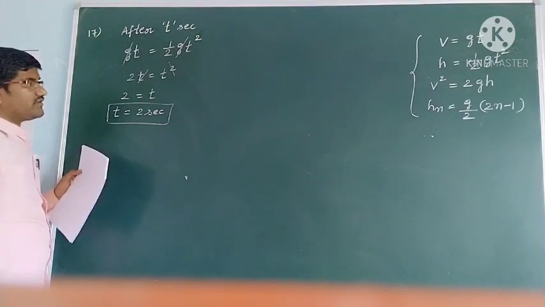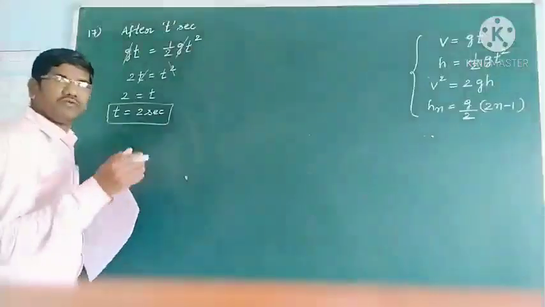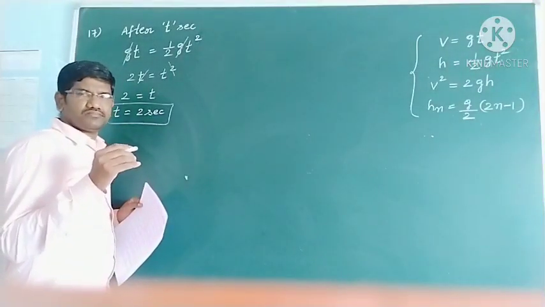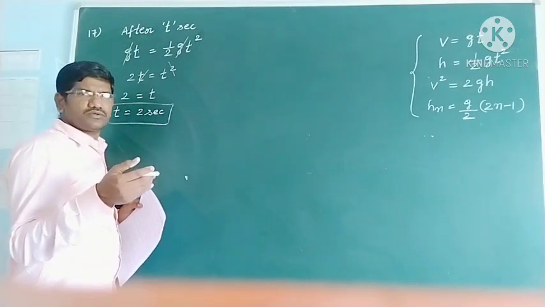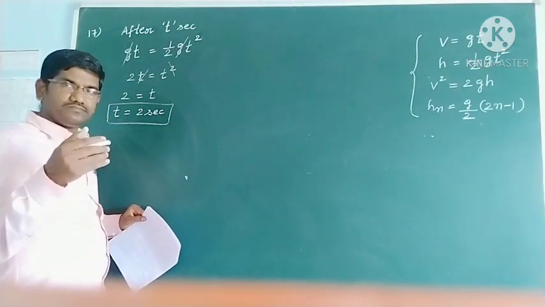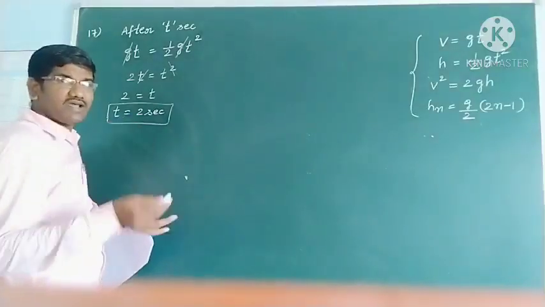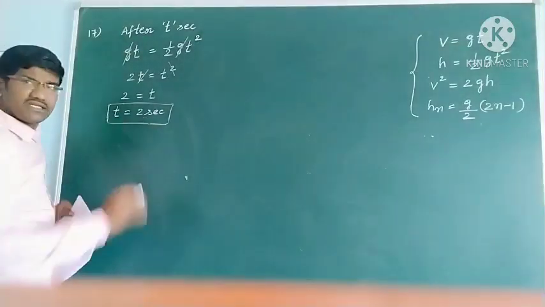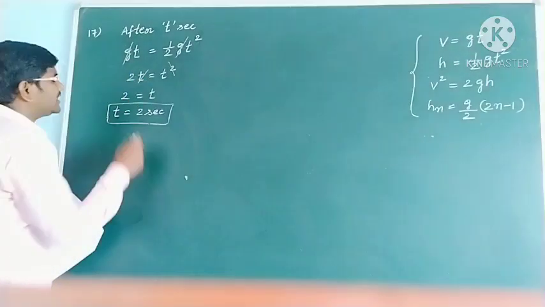The velocity acquired by the body means for a freely falling body, after 2 seconds, its velocity is gt, and this is equal to the displacement they have given. After 2 seconds this condition will be satisfied. The time I got. So then what is the velocity after that interval of time?